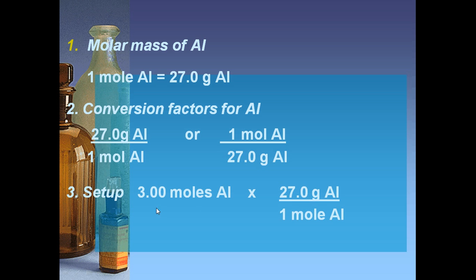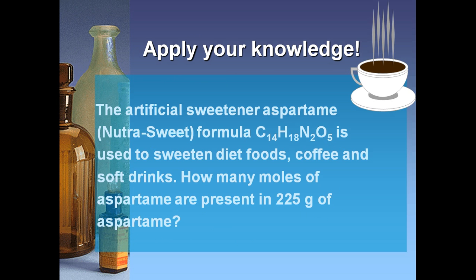We have 3 moles as a given, and we multiply by the molar mass. If you're going from moles to grams, you multiply by the molar mass. The moles of aluminum cancel out, and you end up with 3 times 27 grams of aluminum divided by 1, which turns out to be 81 grams of aluminum. Let's go on to the next one.